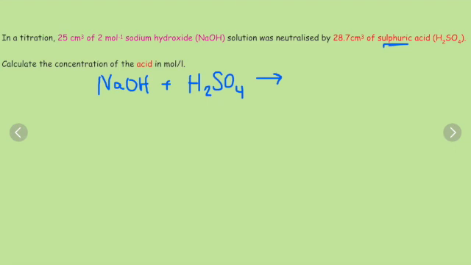Sulfuric acid and sodium hydroxide make the salt sodium sulfate. I know this by heart, so I don't need to do SVSDF, but if you don't know this, please do it, because you can make a mistake with the number of sodiums. Also, it's very easy because it has to keep this structure, so it has to have 2 of the first to balance out the charges of the sulfate.